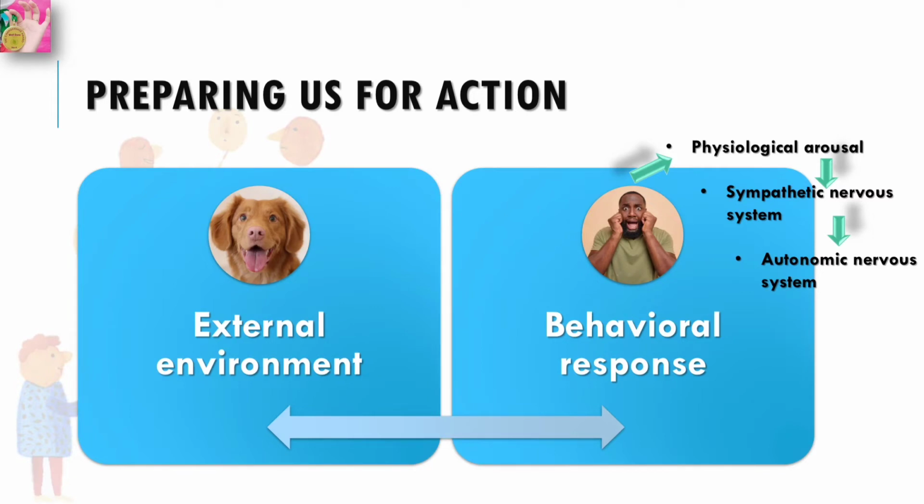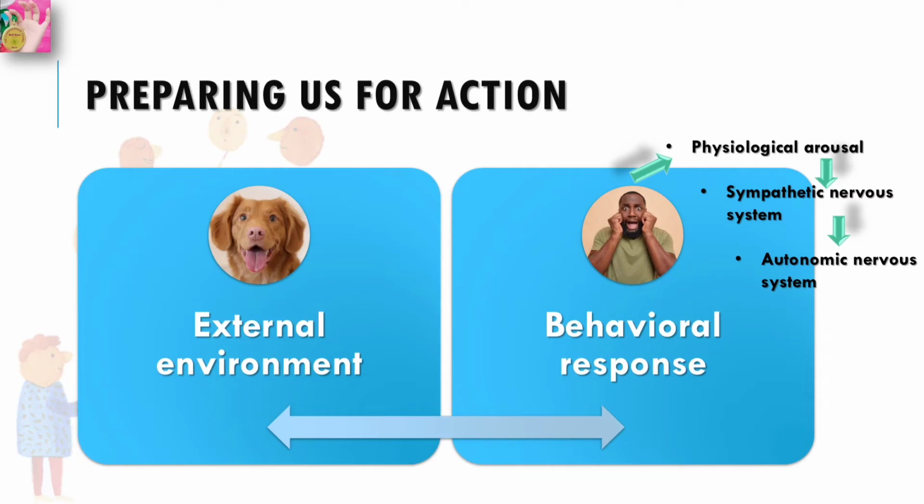Either he wants to fly away from that situation, which is called the flight response, escaping the situation and running away to save himself, or he wants to fight to defend himself, giving a fight response. So this is all about preparing us for action.